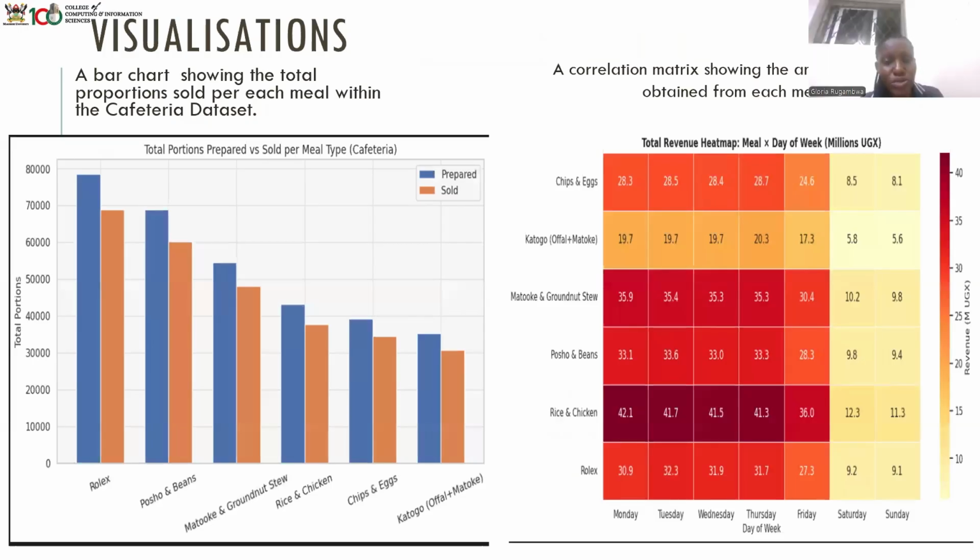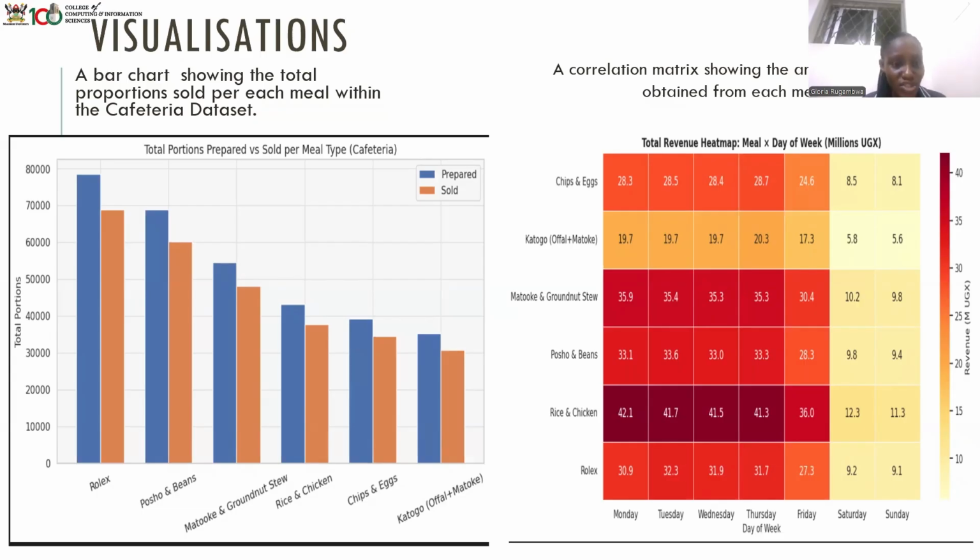So next on our project, we were able to obtain visualizations after carrying out exploratory data analysis. The first one we achieved was a bar chart that shows the total proportion sold per each meal within the cafeteria dataset.